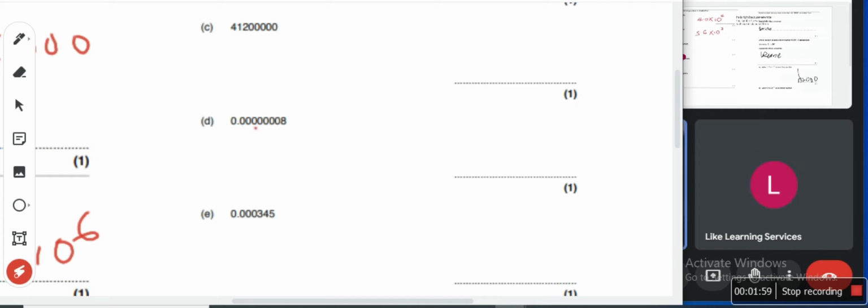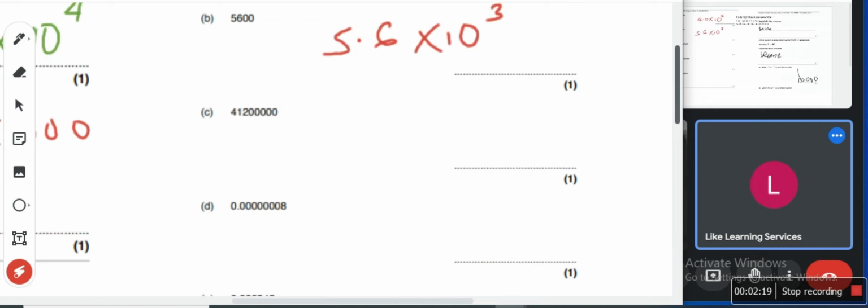No, in C. 1, 2, 3, 4, 5. 5 zeros in C. So what should it be?